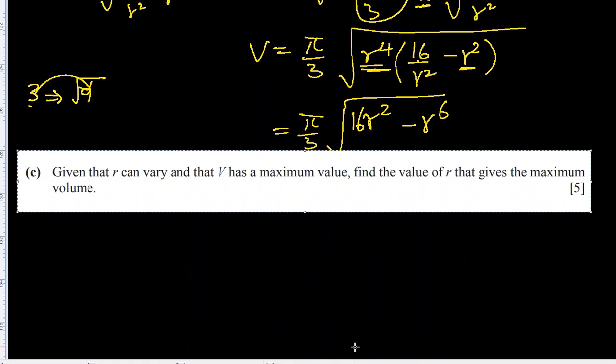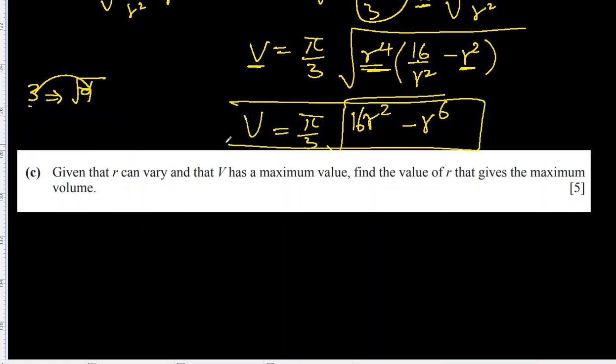Next, given that r can vary and V has a maximum value, we have to maximize the volume. Whenever we have to maximize a certain parameter, we will differentiate with respect to the one that is varying. So we will differentiate this equation.